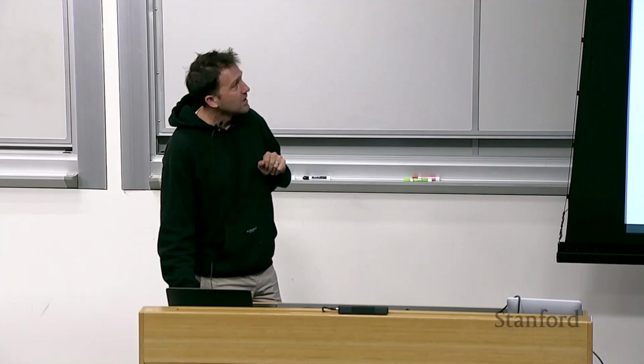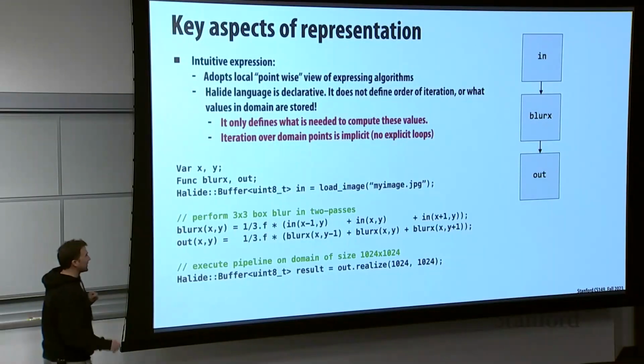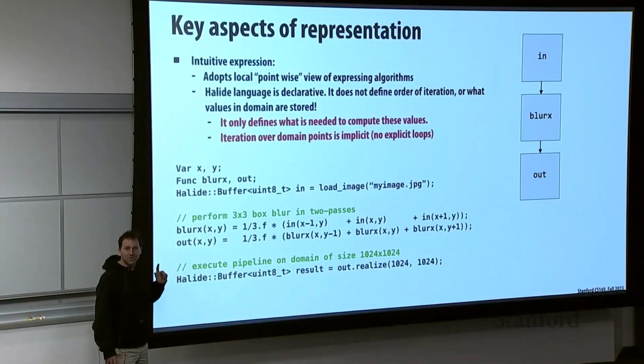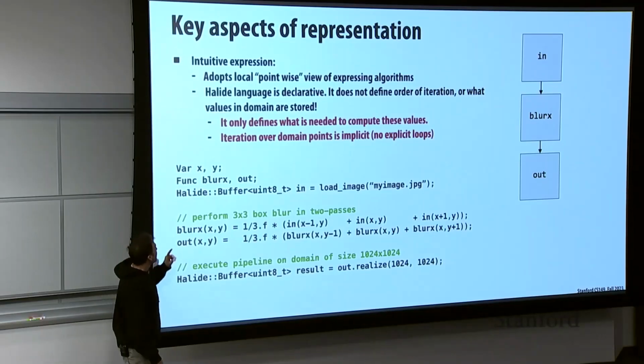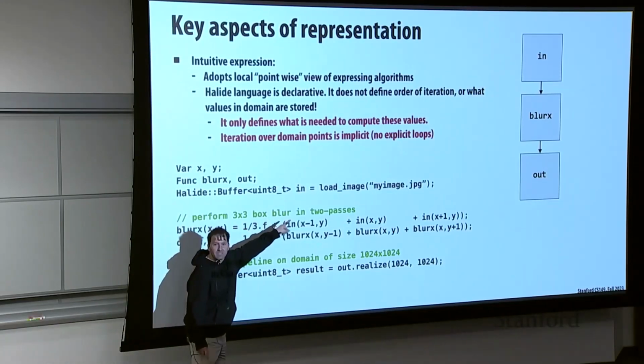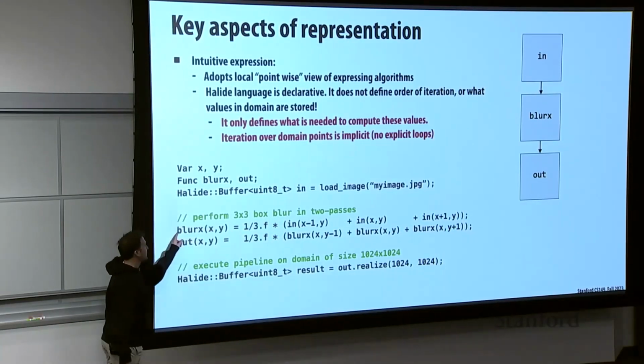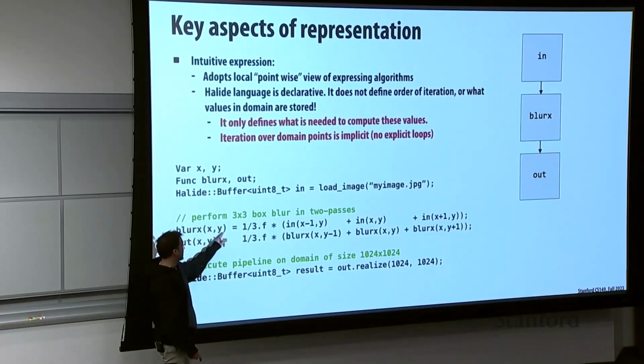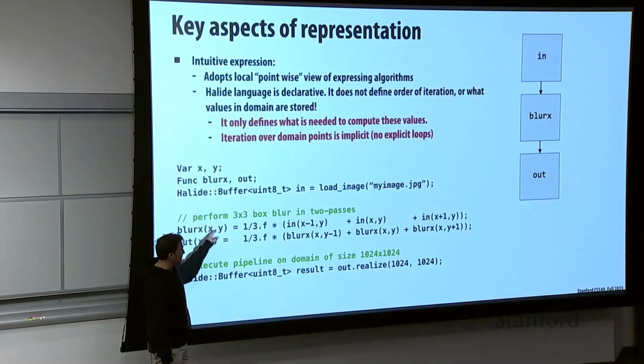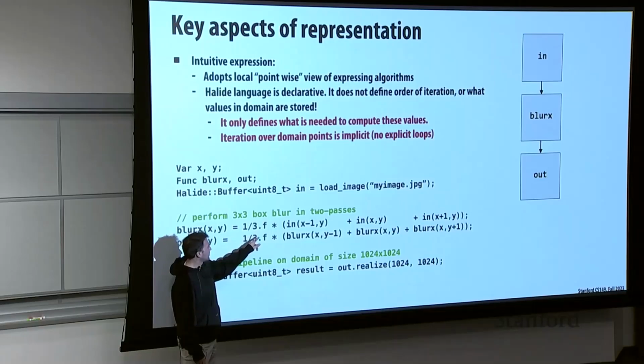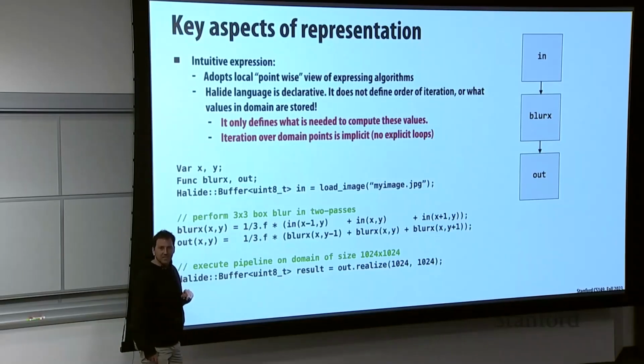Okay. So here is the Halide representation of the two-pass blur that we've been talking about. We have an input, which came from an image. We have our first function, blur x, which says blur x at xy, well, every pixel should just come from the average of these 3 pixels in.